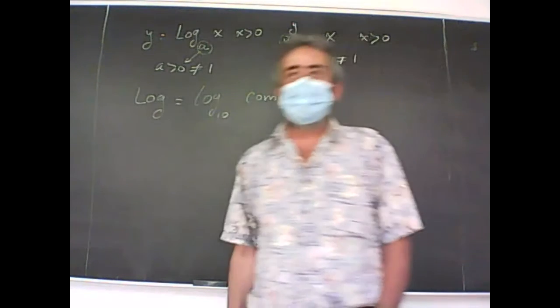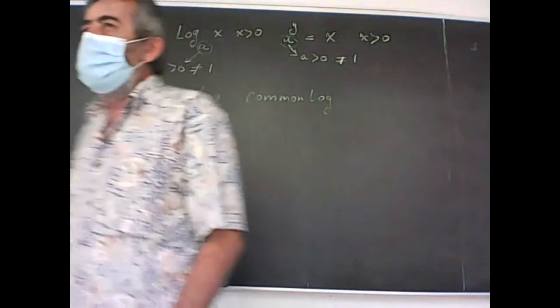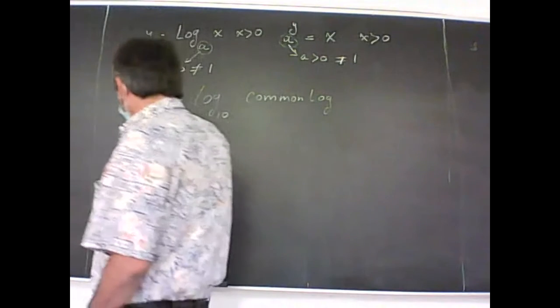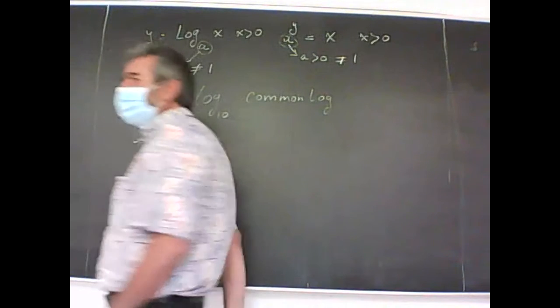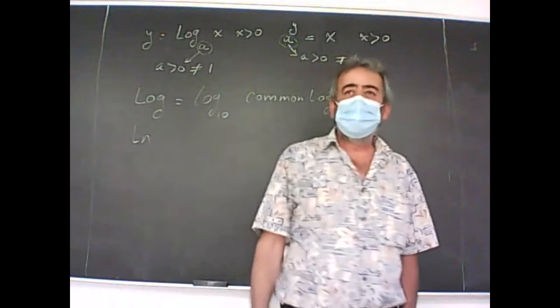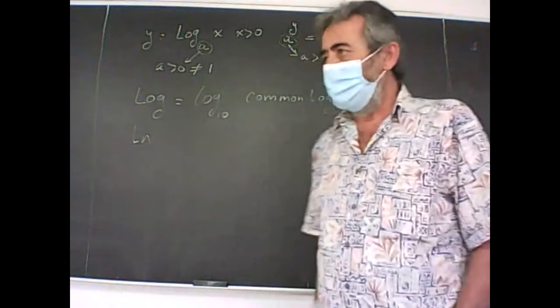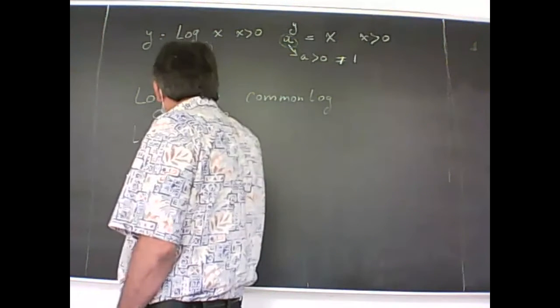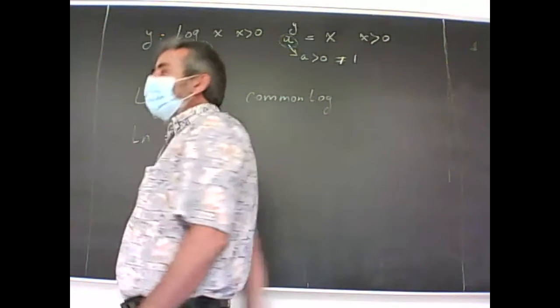That's a common log. Another log we're going to talk about is called ln. You see on the calculator you have the ln key. That is the same thing as log base e.